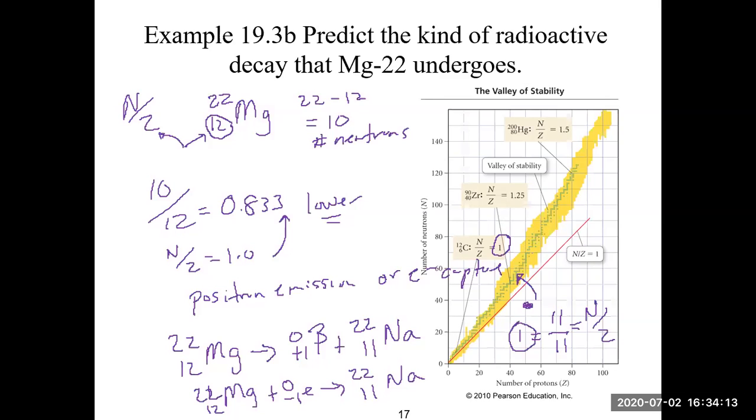Question on that? All right, well, that feels like enough torture for one day. So let me answer your question before I get to that. We knew that the N to Z ratio needed to be 1 for that particular case because the atomic number was 12.